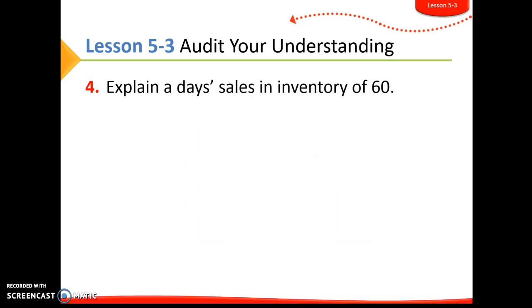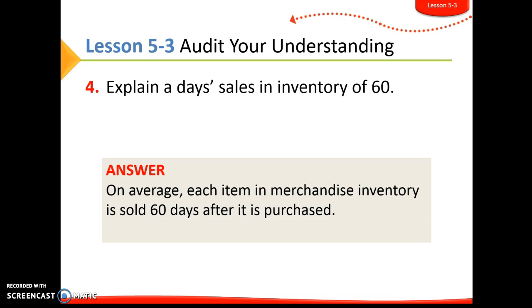And number 4, explain a day's sales in inventory of 60. What that's telling us then is on average, each item in merchandise inventory is sold 60 days after it is purchased.